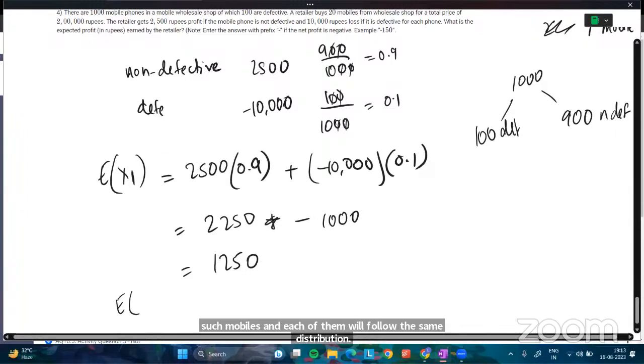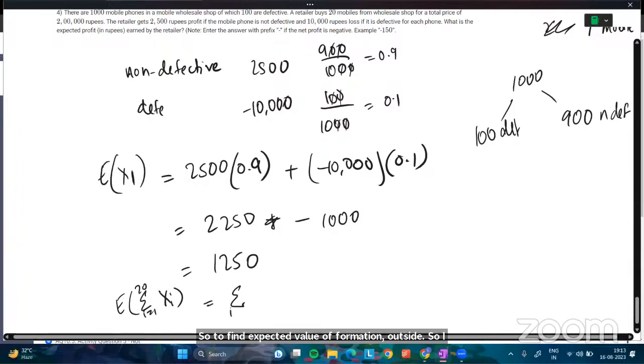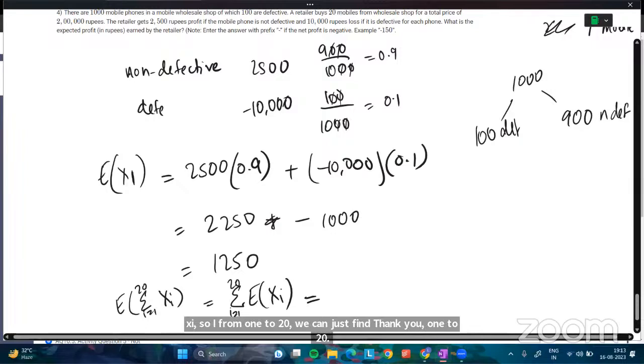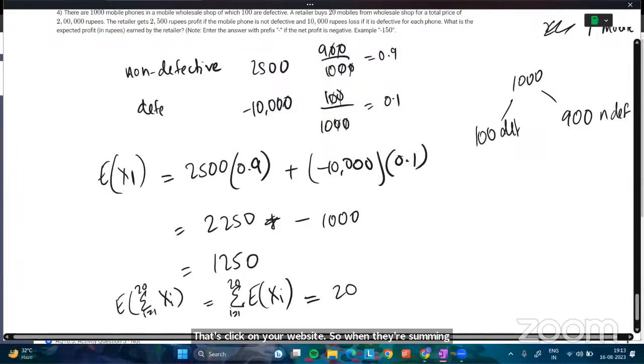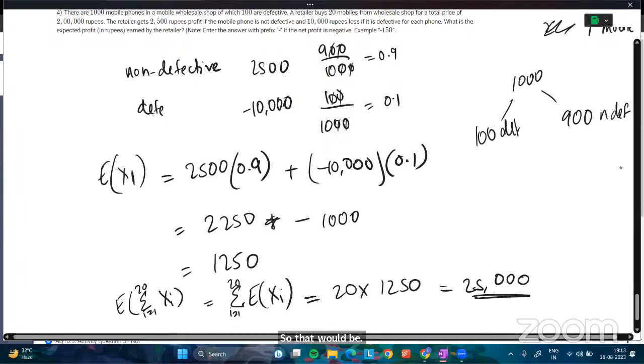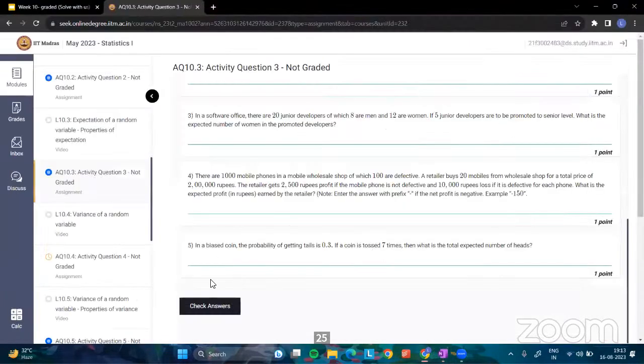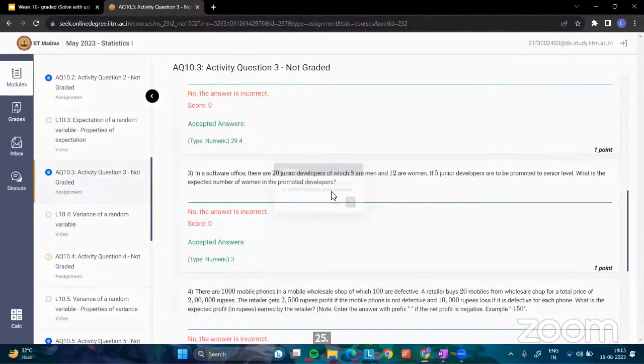So to find expected value of summation xi for i from 1 to 20, we can just find summation i from 1 to 20 of expected value of xi. So when we're summing the same thing 20 times, it'll just be 20 into 1,250. So that will be 25,000. I'll just check if it's the right answer.